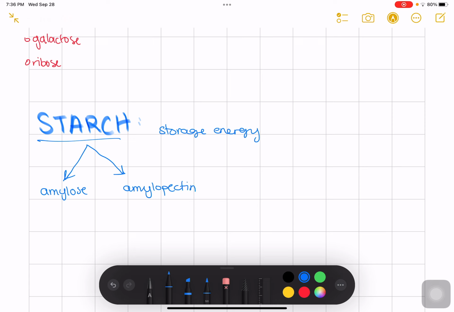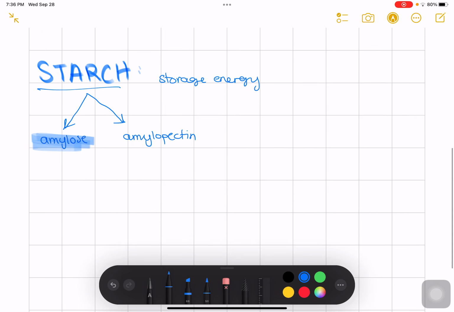Okay, so here's where it gets a little bit more complex. Amylose is the non-branched glucose alpha. So starch is glucose alpha only. So when you think of starch, you think of glucose alpha.